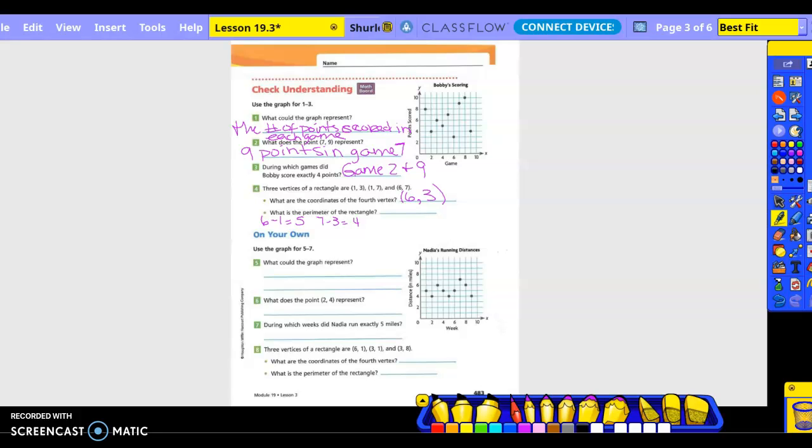Our formula for perimeter is P equals 2W plus 2L. So it'd be what? 2 times 4 plus 2 times 5.